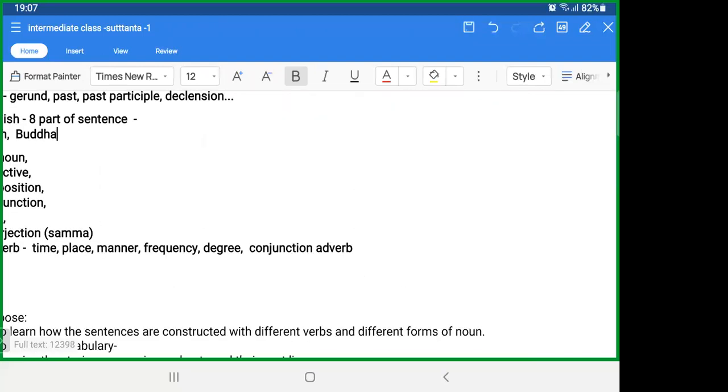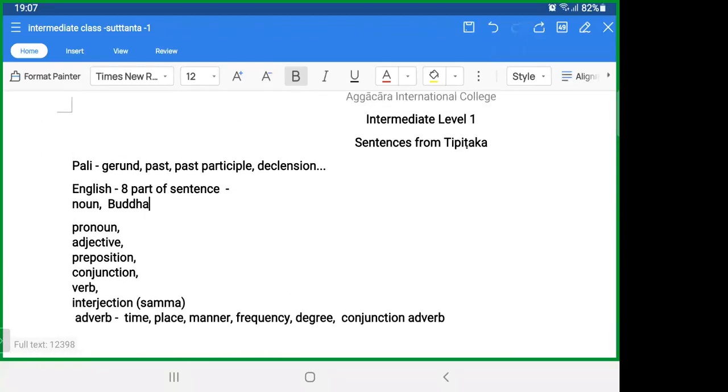Then conjunction, like then, therefore, or and. Verb, you see a lot of verbs. Adjective like this, sama, we saw already.